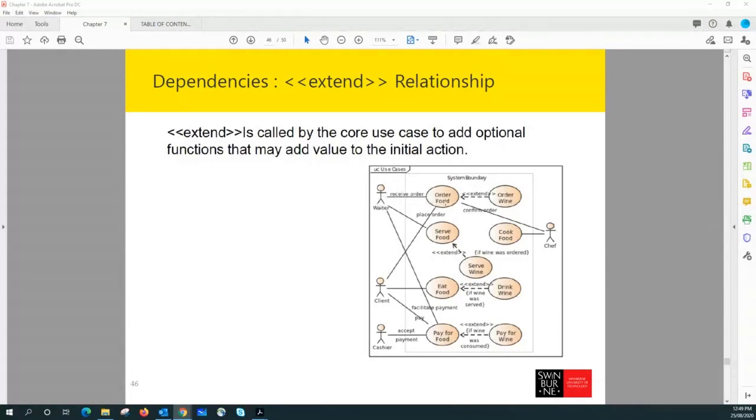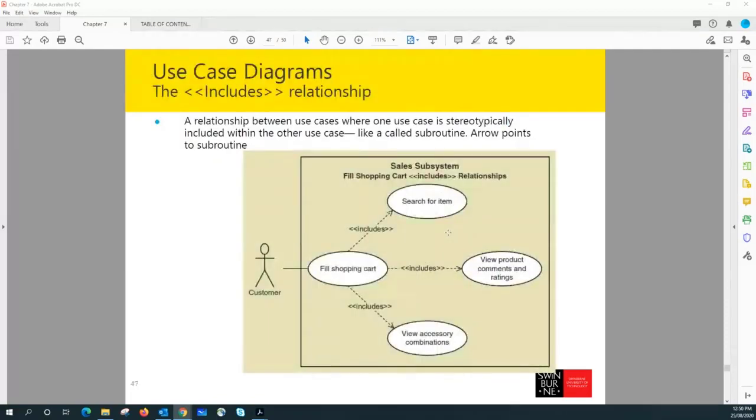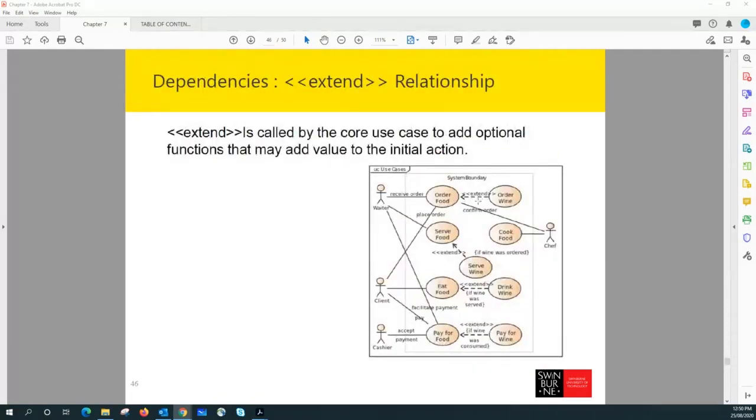The waiter is not actually ordering the food, but once the client places an order, the waiter receives the order. That is what we mean by that. Now remember here, we don't put any arrows when you link the actor with the use case. There are no arrows. Arrows come between the use cases. If you have the extend relationship or include relationship, only then do you have the arrows, right?